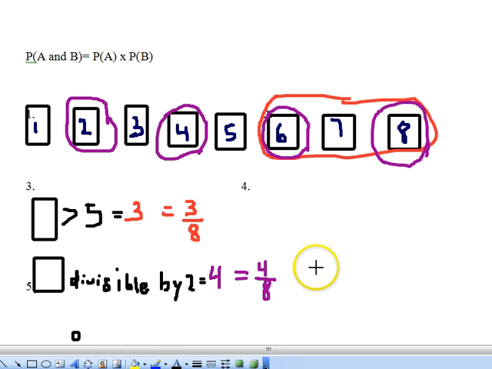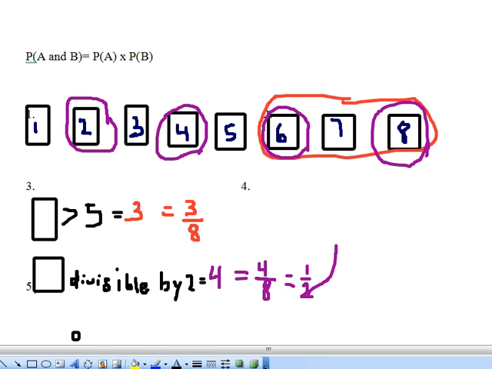Actually, 4 over 8, you can reduce it to 1 over 2, because 4 goes into 4 one time, 4 goes into 8 2 times.